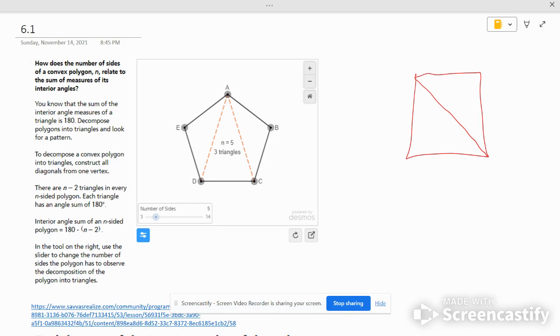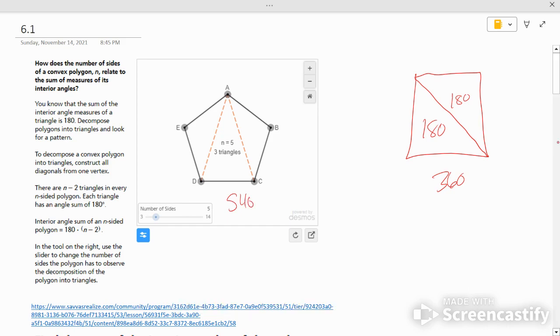If you draw a diagonal, you make 2 triangles, right? Then if you have 2 triangles, each of them are 180. 180 plus 180 is 360. So if we have 5 sides, we have 3 triangles. 3 times 180 is 540, and so on.